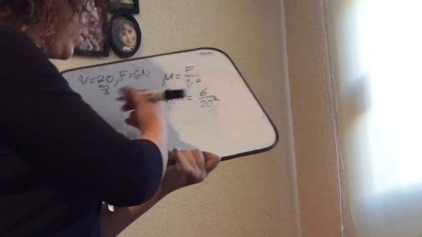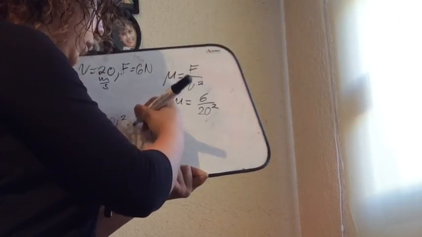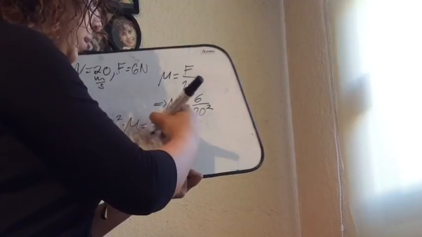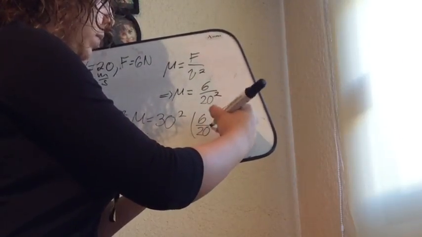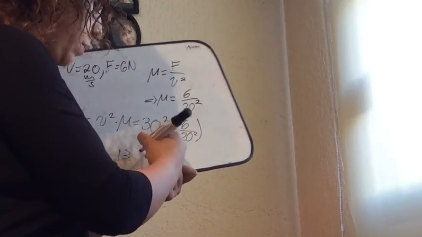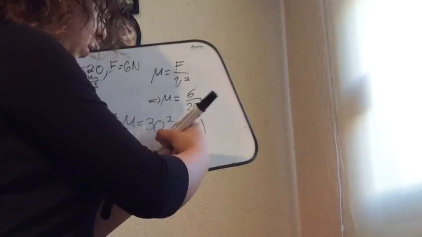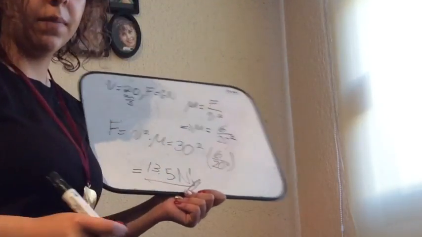So from this we can calculate the force with the formula we obtained before, which is velocity squared times mu. If we want a velocity of 30, it's 30 squared times 6 divided by 20 squared, and we'd get a force of 30.5 newtons, which is what is needed for it to travel at this velocity. And that's all. Thank you.